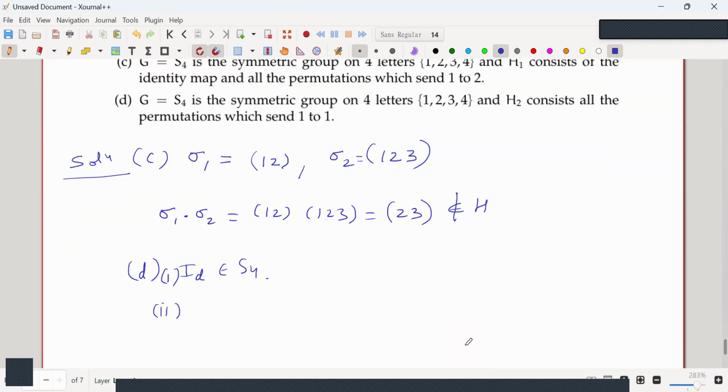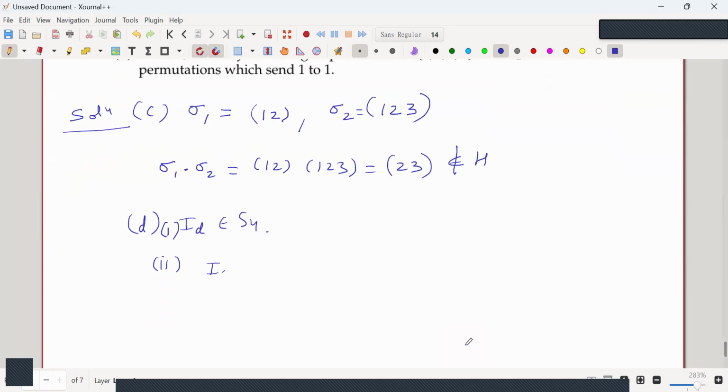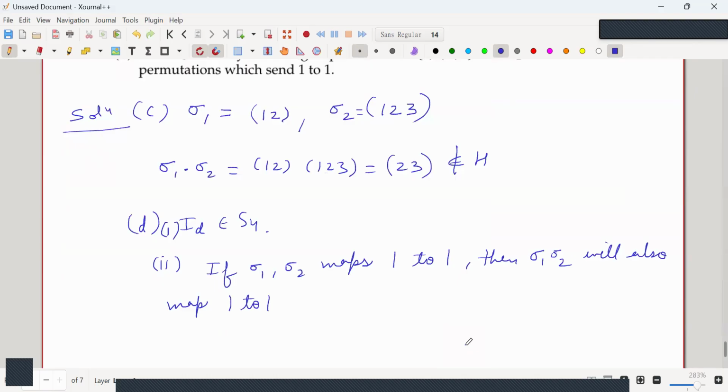Second, if sigma 1, sigma 2 map 1 to 1, then definitely their composition will also map 1 to 1, right? Because one is mapping the letter 1 to itself, and another is also doing the same.